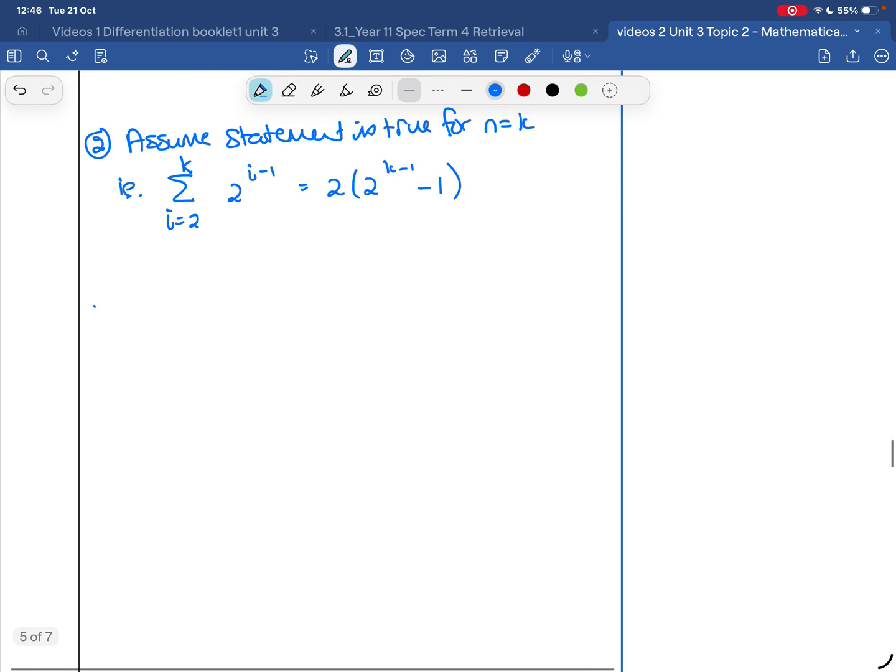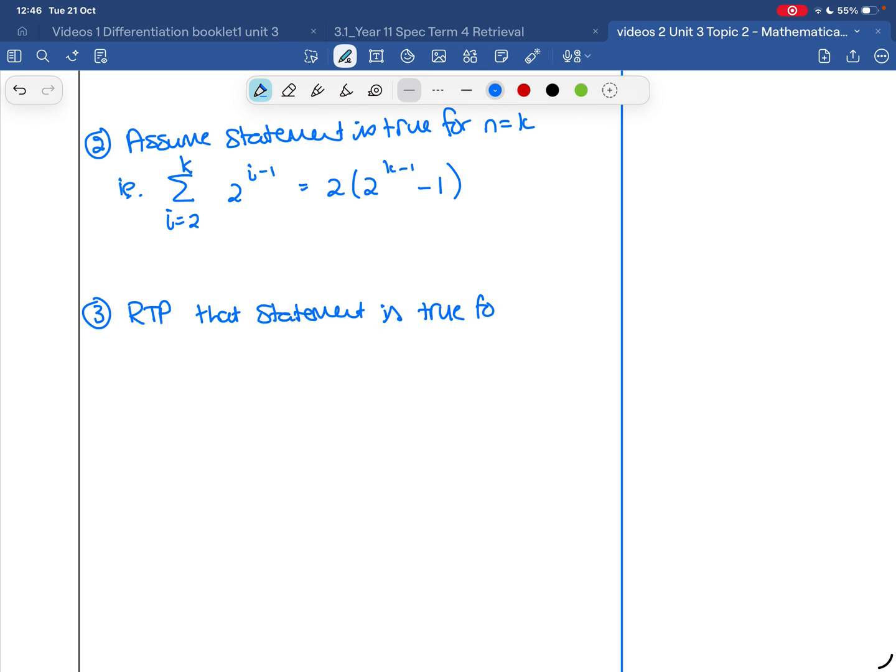All right, then my final step is I'm going to prove, so required to prove that my statement is true for n equals k plus 1.